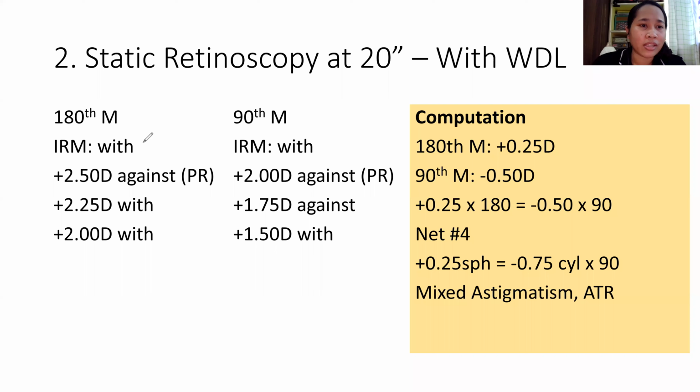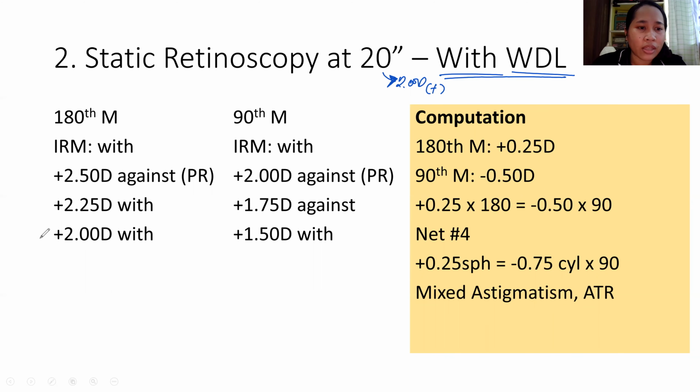So here in our case, in the 180th meridian, the movement is with. And then, because we are working with WDL, this will become 2 diopters, and we assume this as positive. We always start at the positive.